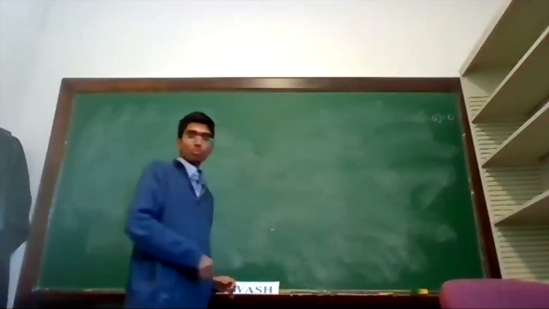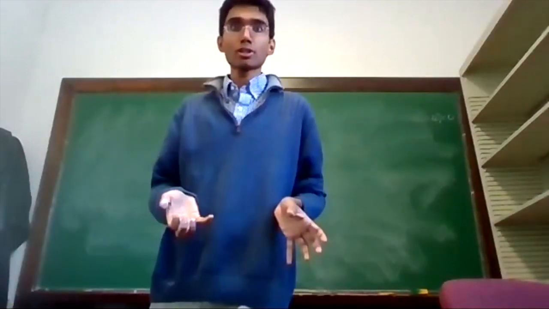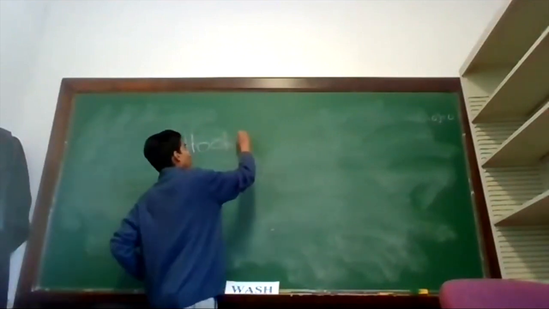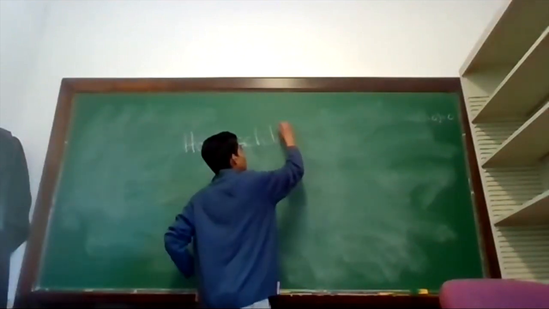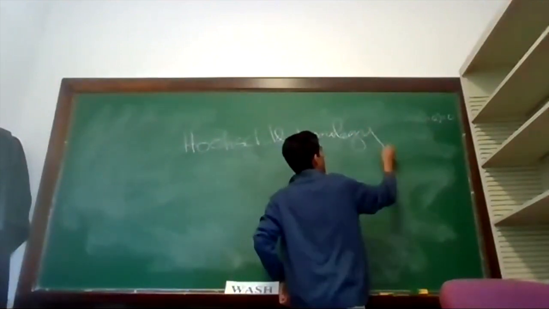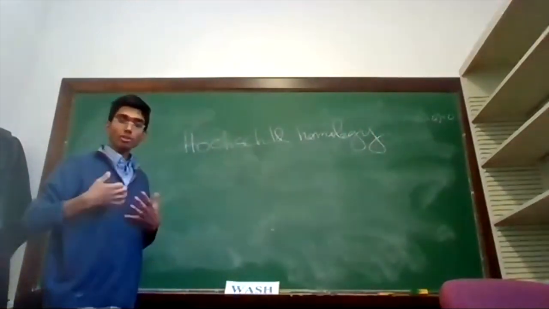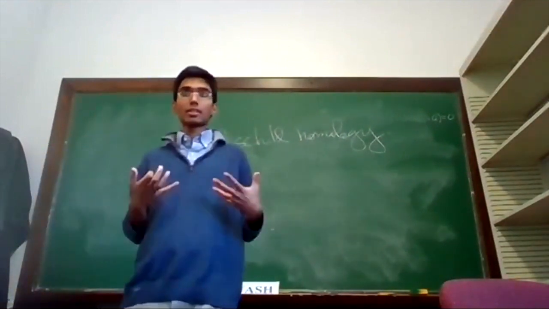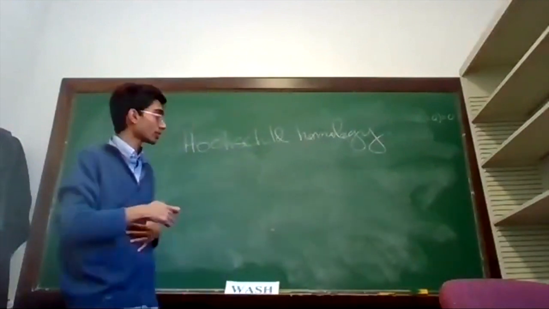Okay, so maybe next I wanted to say some things about Hochschild homology. So Hochschild homology is a general construction that, well, I'll talk about Hochschild homology in the setting of rings over a field.